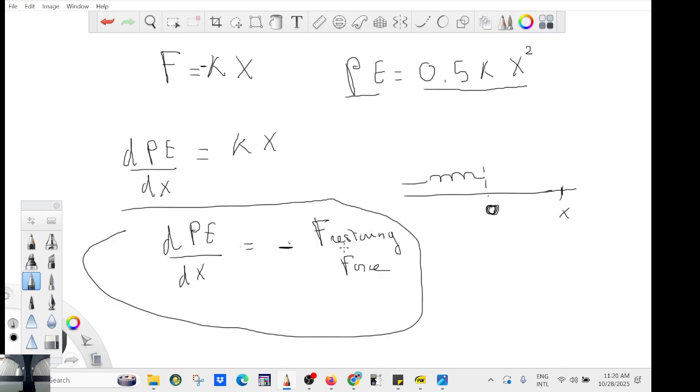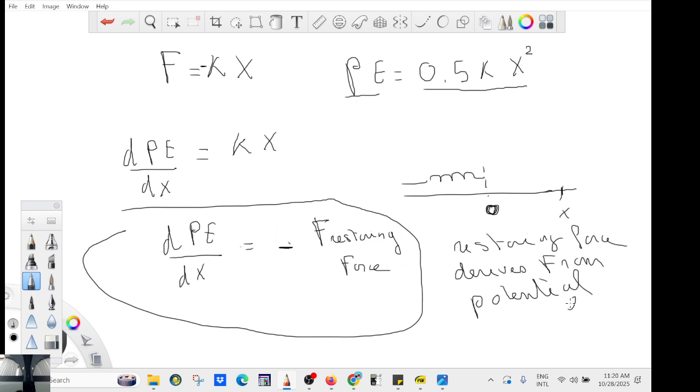So we say that the restoring force derives from potential energy. And this is a slope. See, it's the slope. So the restoring force is the slope of potential as a function of x.